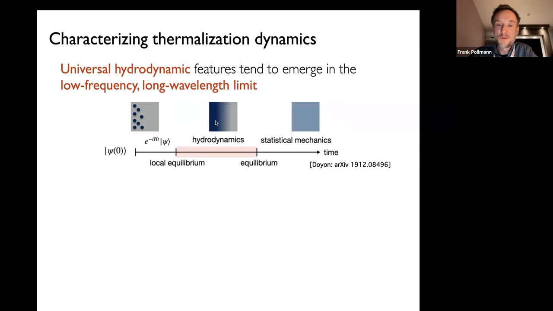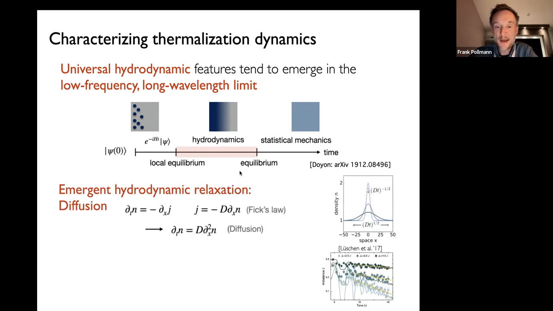And now, basically, in between, there's an interesting regime where the system is expected to be described by hydrodynamics. In particular, if we start, for example, with a particle distribution which is very inhomogeneous, we expect that there's some sort of a local thermalization time, and then the system is described by some inhomogeneities in the density, and then the system will follow some potentially simple equations to approach the final equilibrium state.